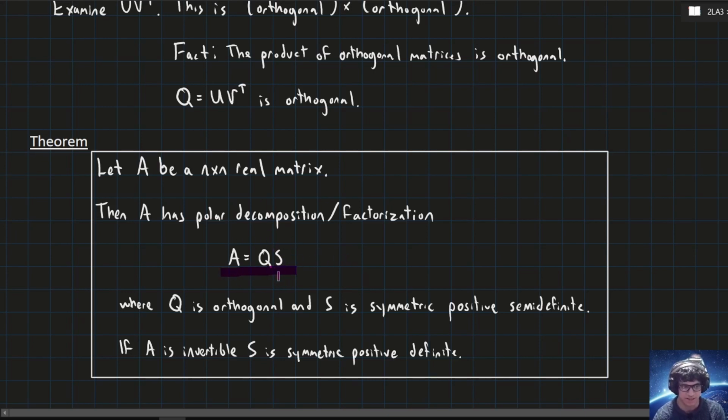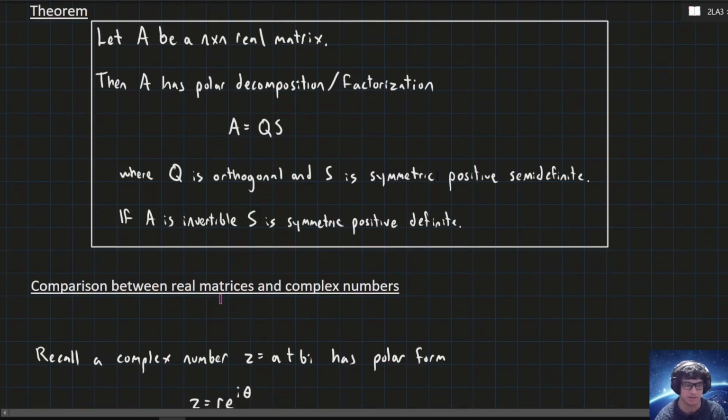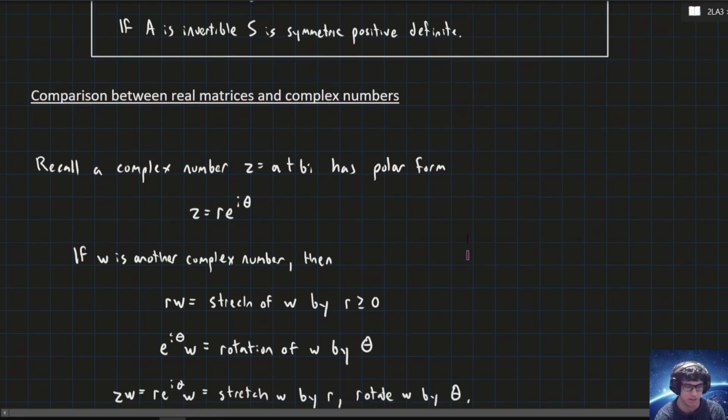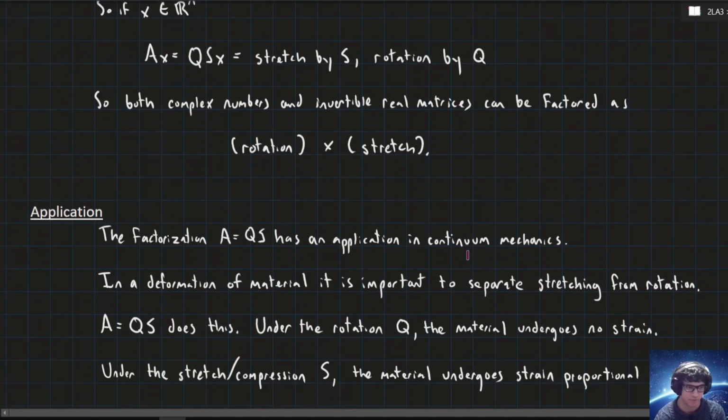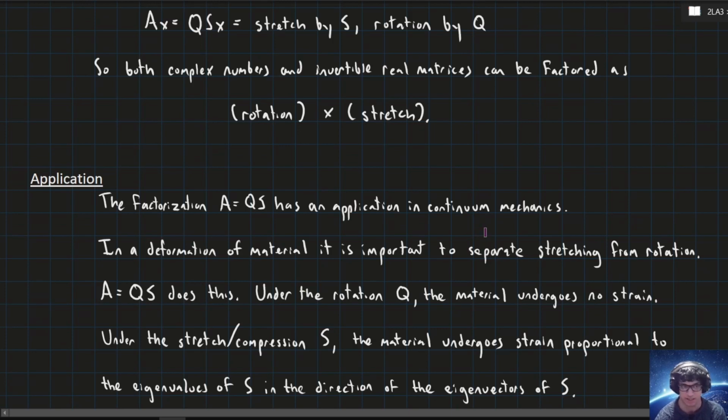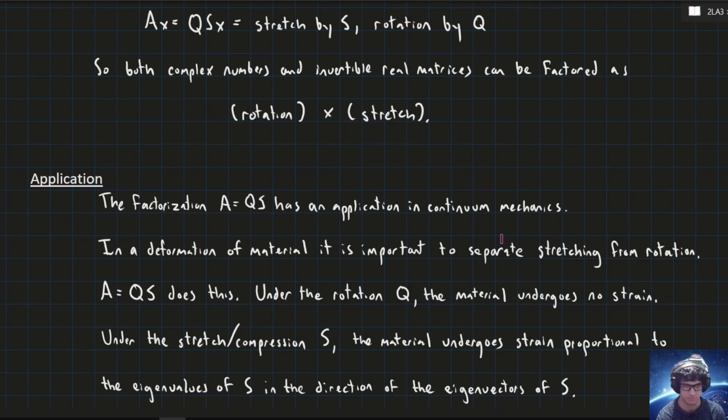The advantage is that it cleanly separates A into two factors, and all the stretching is done in one factor, and all the rotation is done in another factor. Doing it like this has the nice analogy with complex numbers. It also has an application in continuum mechanics, which studies materials and how they react to being compressed and stretched.